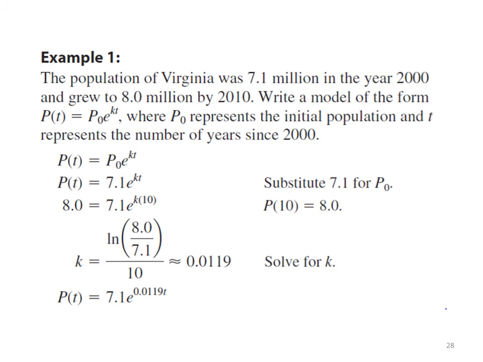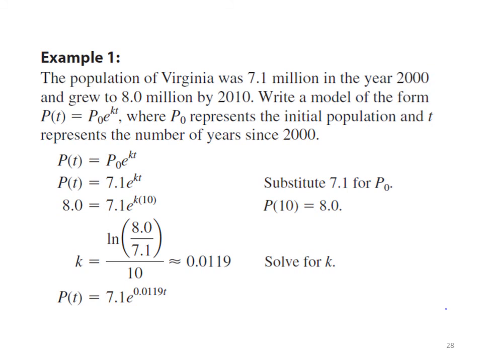Now that you know k, you can substitute it back in the model, where your population P of t is equal to 7.1 times e raised to the power 0.0119 times t. By the way, since you have the model, now you can find the population at any given year by substituting the value for t.